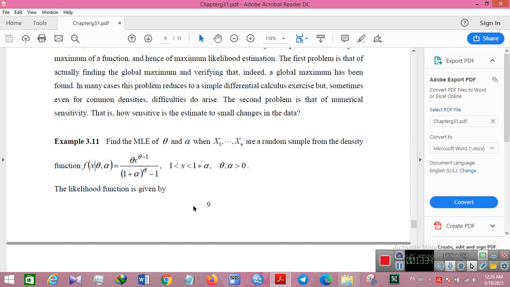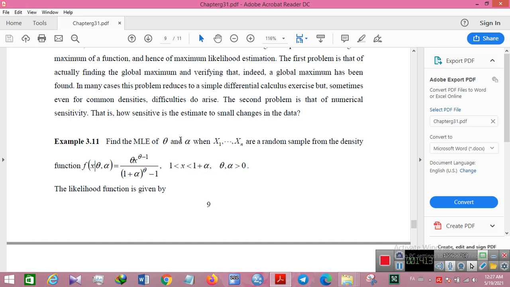So, for example, here is an example that shows the difficulty of the method of maximum likelihood estimation. Let x1 to xn be a random sample from this density function.